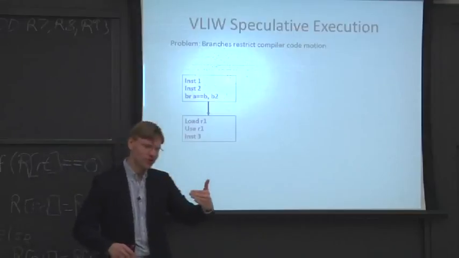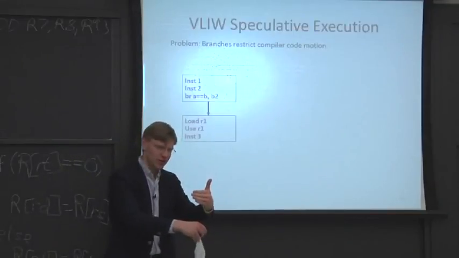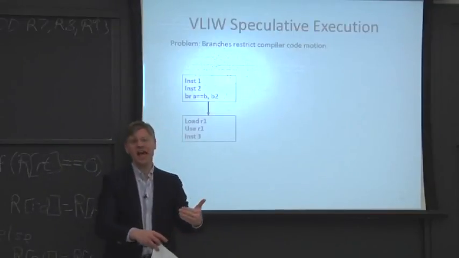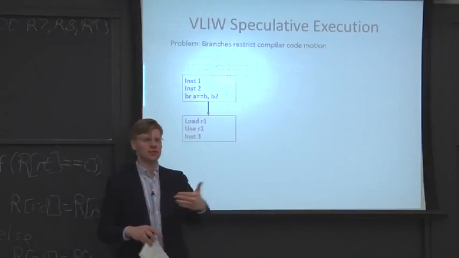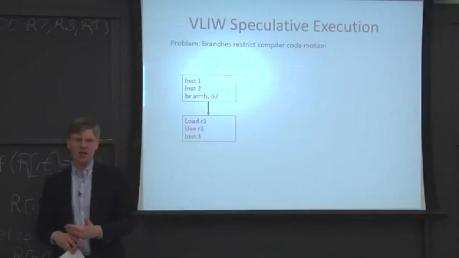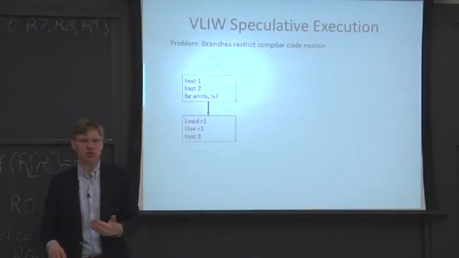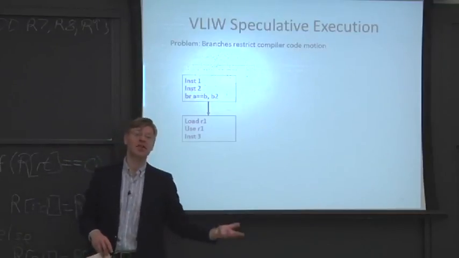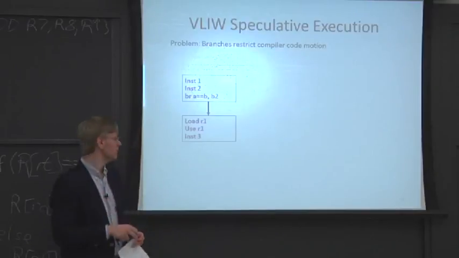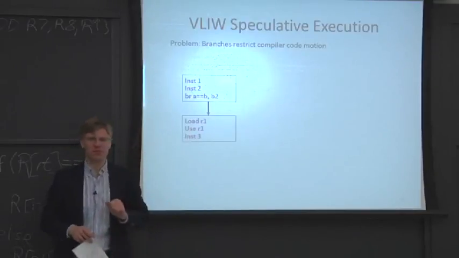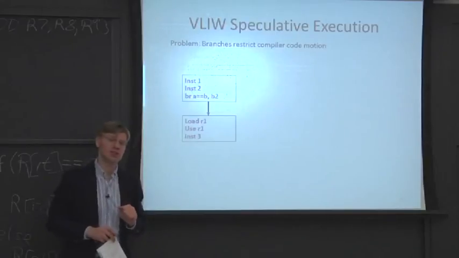So we have a branch, and we have some code after the branch. If you have, let's say, an add instruction, that's pretty easy to move before the branch. How about an instruction which can take a fault or an interrupt? Loads are a good example of one of those sorts of instructions.